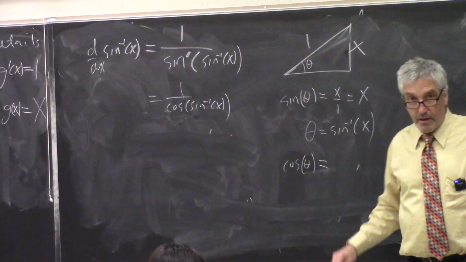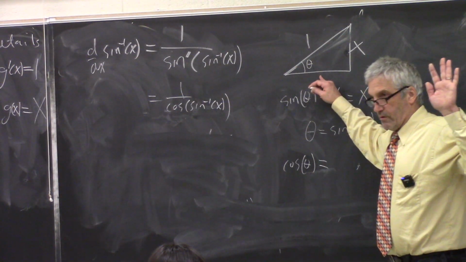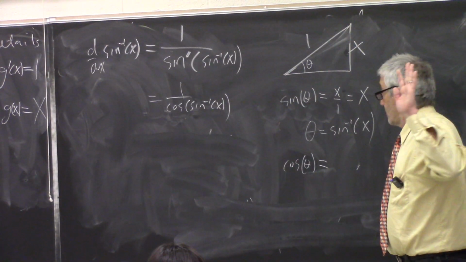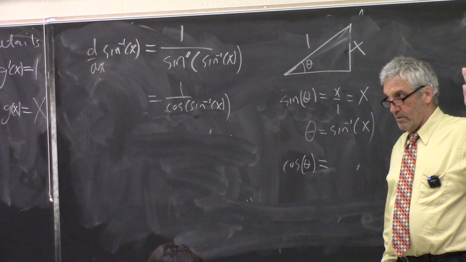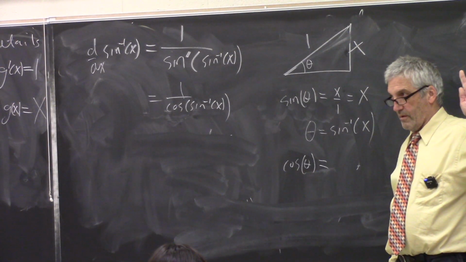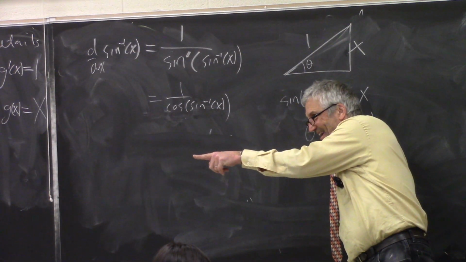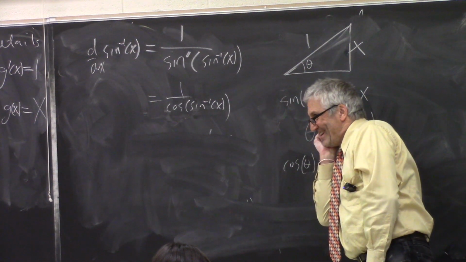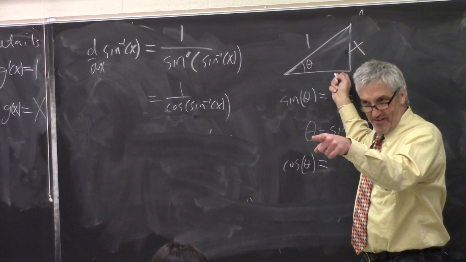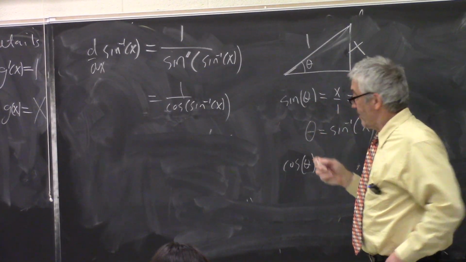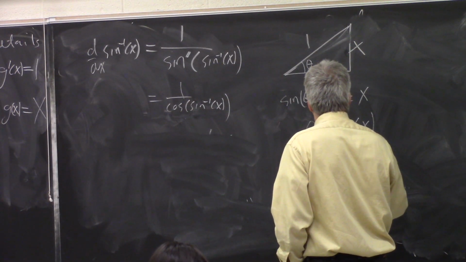So help me out here if you can tell me how do we find cosine of theta? Well, in this picture, how do you find it? We have to use the Pythagorean theorem, but just for variables. Cos theta, remember, is the adjacent side over the hypotenuse.